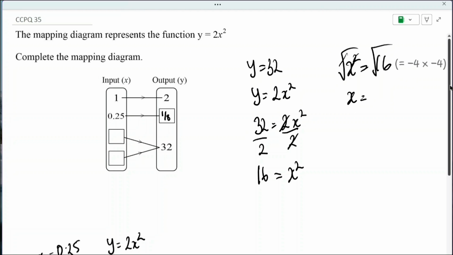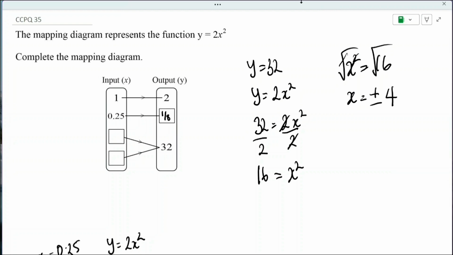The negative times the negative will give you positive, then 4 times 4 will give you 16. So if you take the square root of 16 as negative 4 times negative 4, to remove the square root, you pick one of the negative 4s. So that's why square root of 16 can also be negative 4. So you have the result of square root of 16 as plus or minus 4.